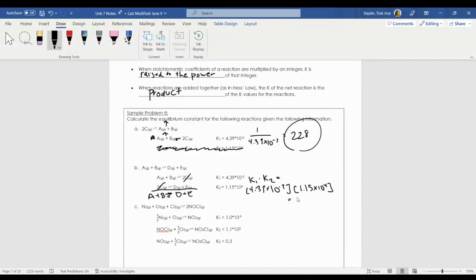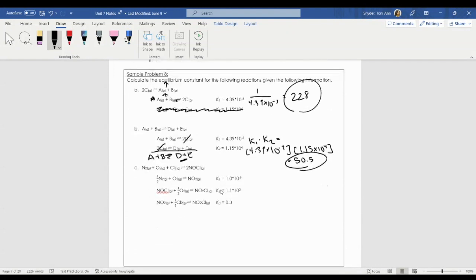And that's going to give me a value of 50.5. So for this sum of the reaction, the equilibrium constant is going to be 50.5. Because this is a relatively large value, much greater than 1, we would have a much higher concentration of D plus E at equilibrium.